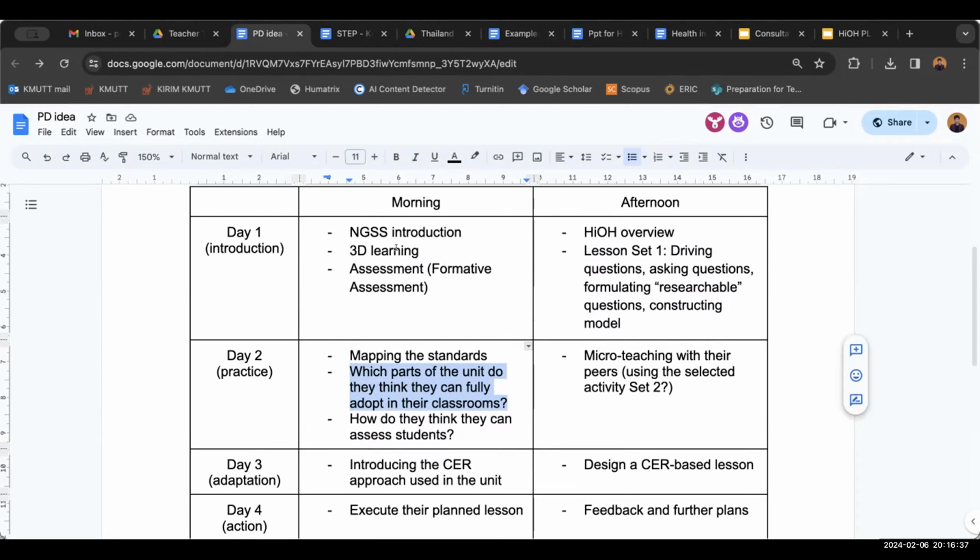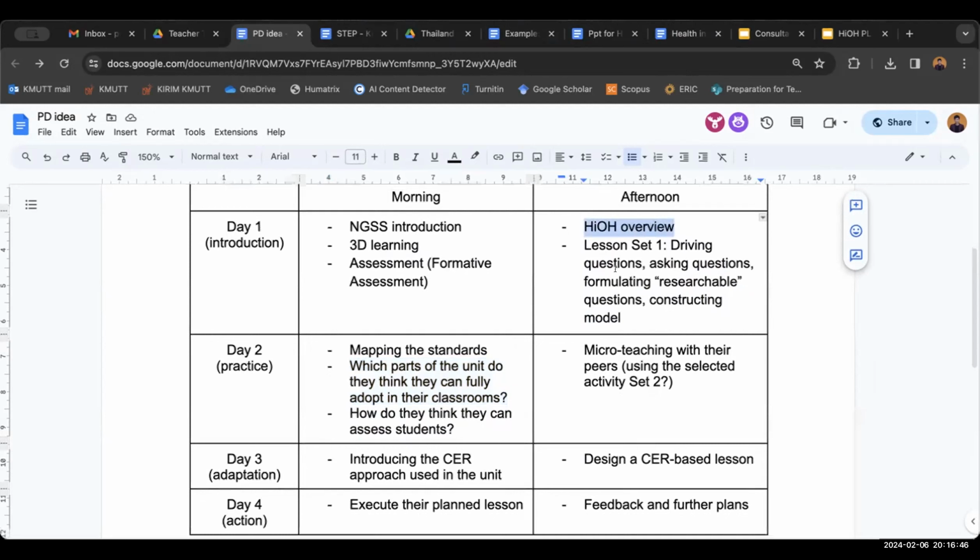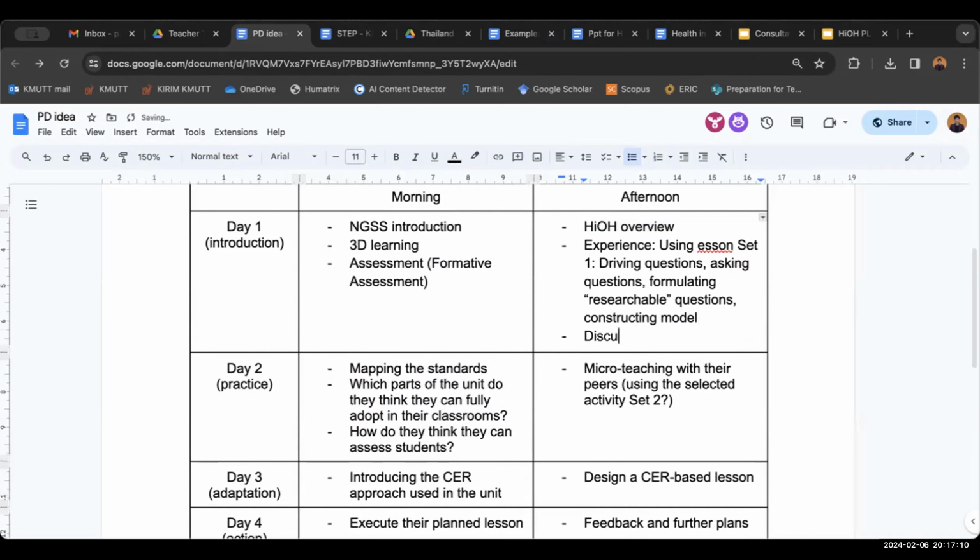And then the goal for the afternoon for day 1 would be for the teachers to get maybe an overview of health in our hands, but also to experience learning set 1, so that they can possibly see how the 3 dimensions are coming together in an actual activity.